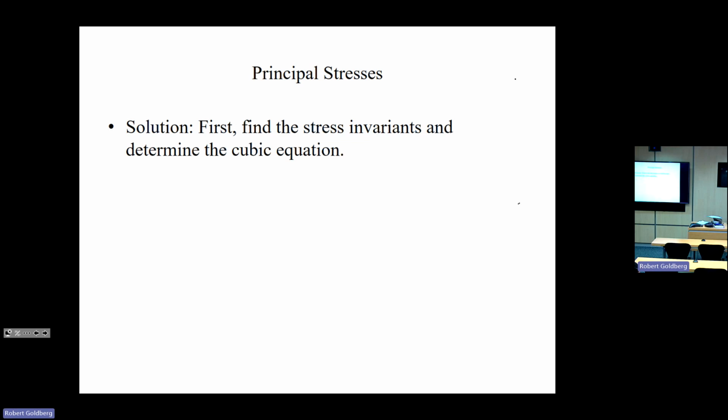So the solution is, first we find the stress invariants. So I1 is equal to the sum of the normal components, so 57 plus 50 plus 43, which is equal to 150.